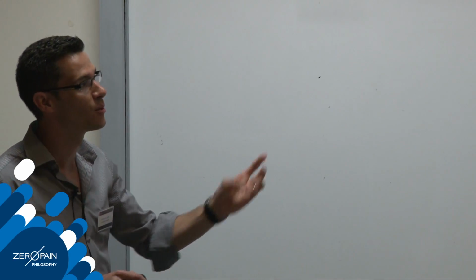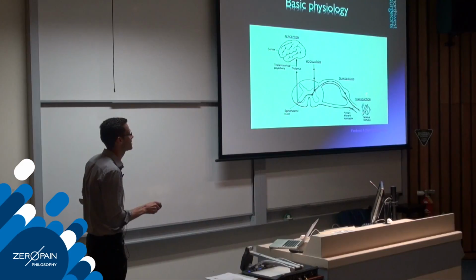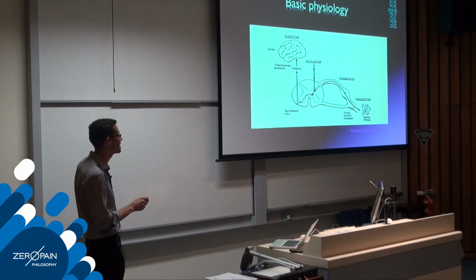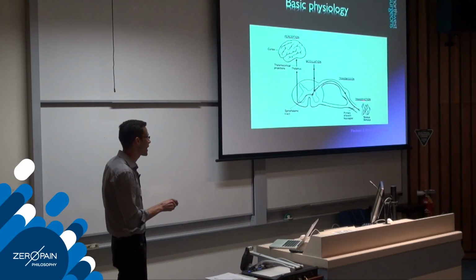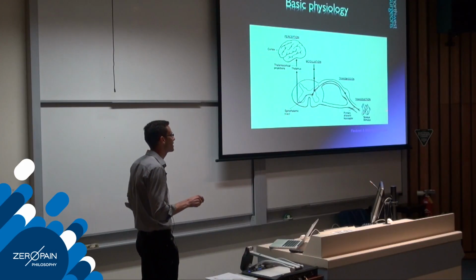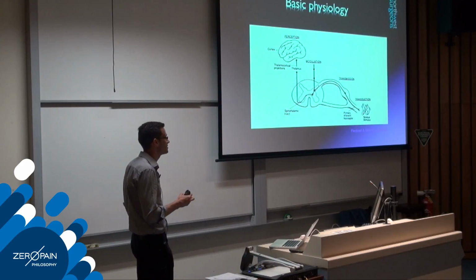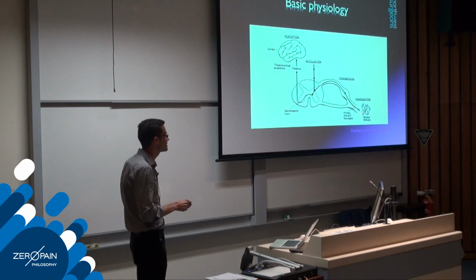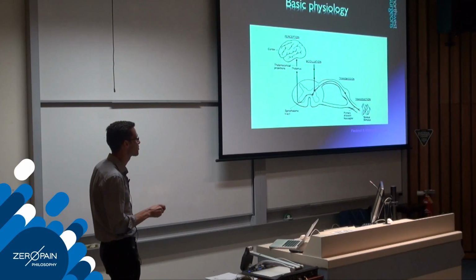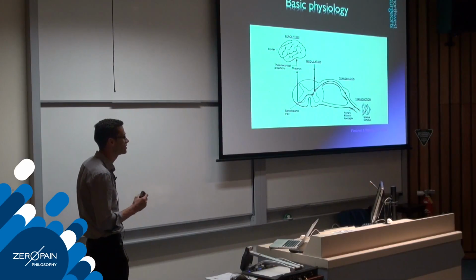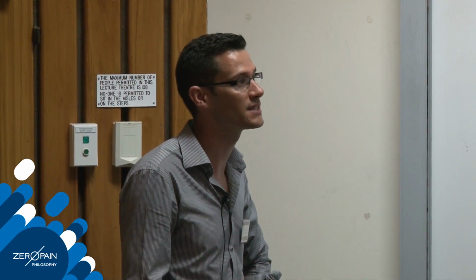So back to absolute basics, pain physiology. We're talking about 4 processes, so transduction, transmission, modulation and perception. And we have a noxious stimulus here in the periphery. That signal is coded by the nociceptors, and then the signal is transmitted up the primary afferent neuron to this area called the dorsal horn in the spinal cord, which is our first area of synapse.